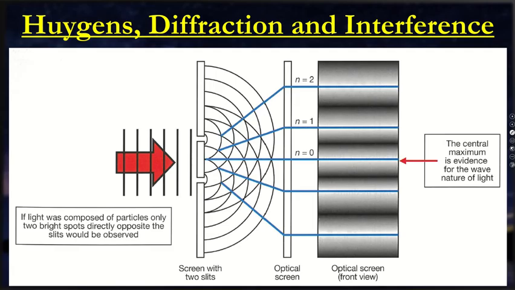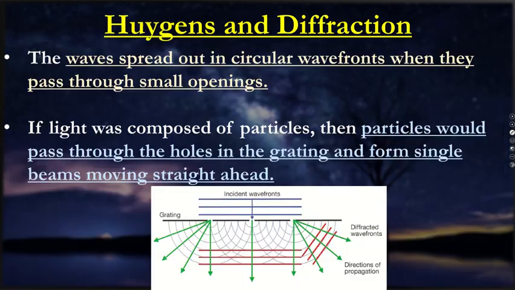Okay, the next one we have is diffraction and interference. Now, a quick recap of what diffraction is. Diffraction is defined as an obstacle that will block the passage of a wave, or the grating.